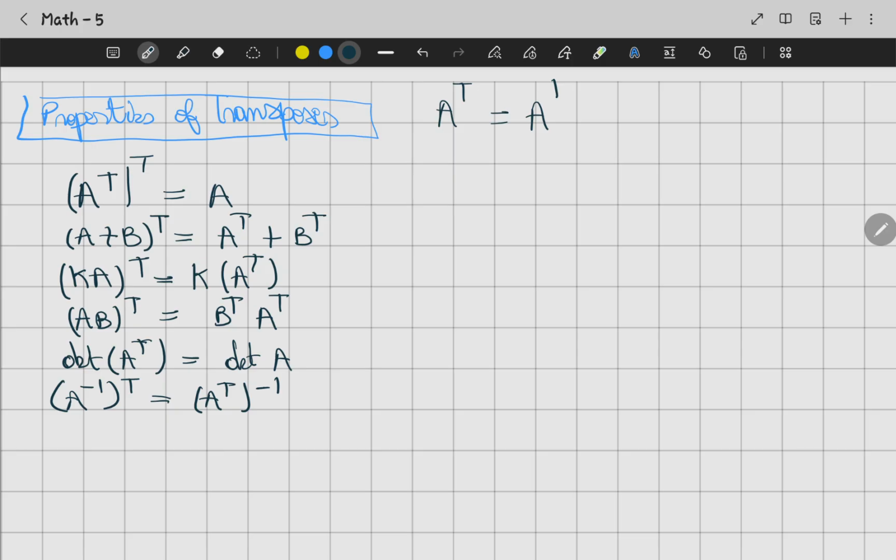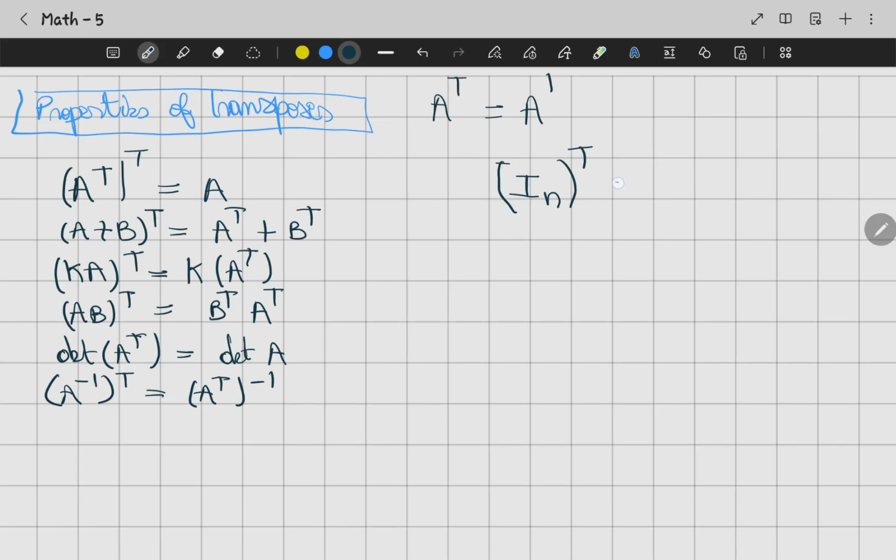Okay, so there are some more properties like the transposition of an identity matrix will give you that identity matrix. Okay, and the transposition of a zero matrix will always give you that zero matrix. Okay, so let's see, we need to find the transposition of A B C. The answer to this will be C transpose times B transpose times A transpose.